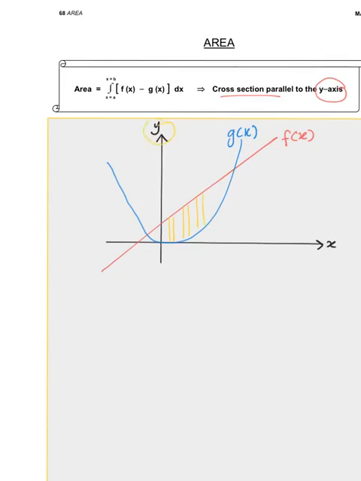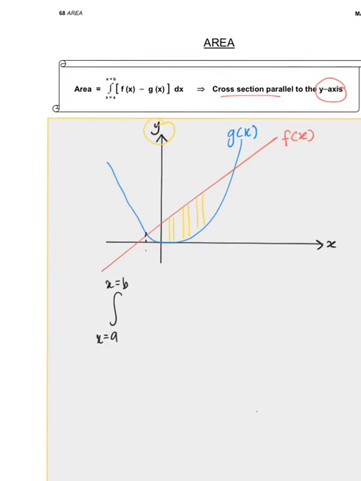To find the area, we are going to apply the idea of integration, from A to B, your x from A until B. For any equation, if you are not given the bounds, you need to find them first.